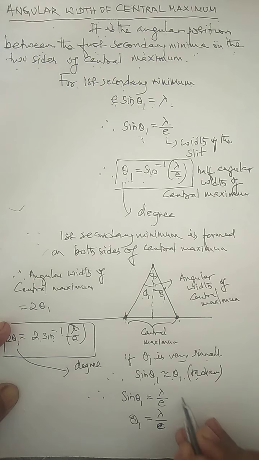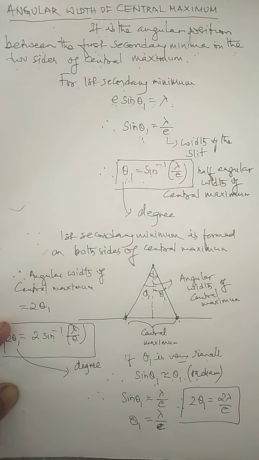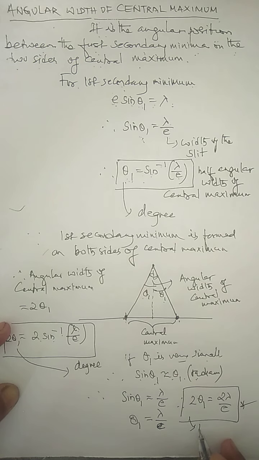But angular width means 2 theta 1, so just double this, it will be 2 lambda by a. So children, look at the expression. The angular width of central maximum is also measured in radians when theta 1 is very small and is given by 2 lambda by a. This is basically in radians.